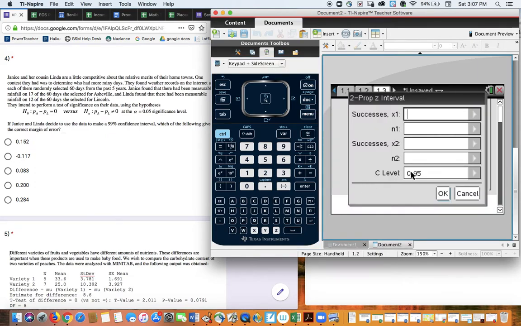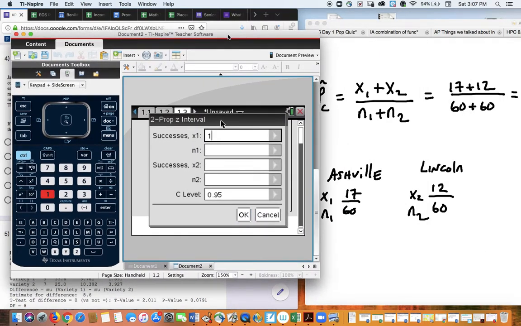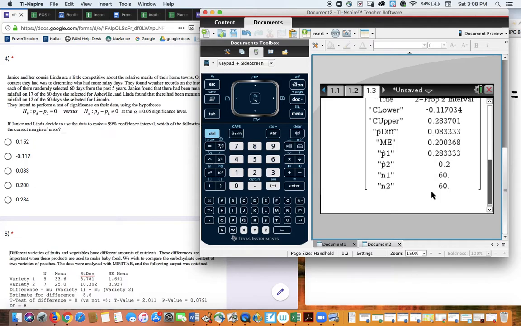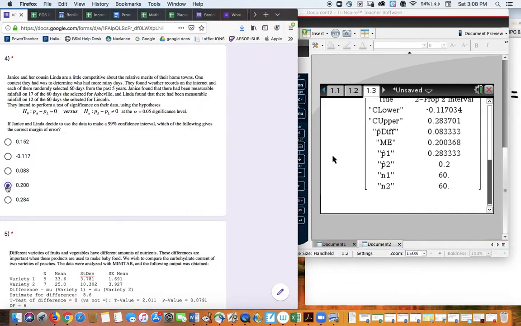So click on that, and then again we enter in that same information: 17 out of 60, 12 out of 60. Be careful, we're supposed to do a 99% confidence interval, so I have to change this to 0.99, hit OK. This problem was asking for the margin of error, which is the ME, 0.200. So that would be the correct answer.